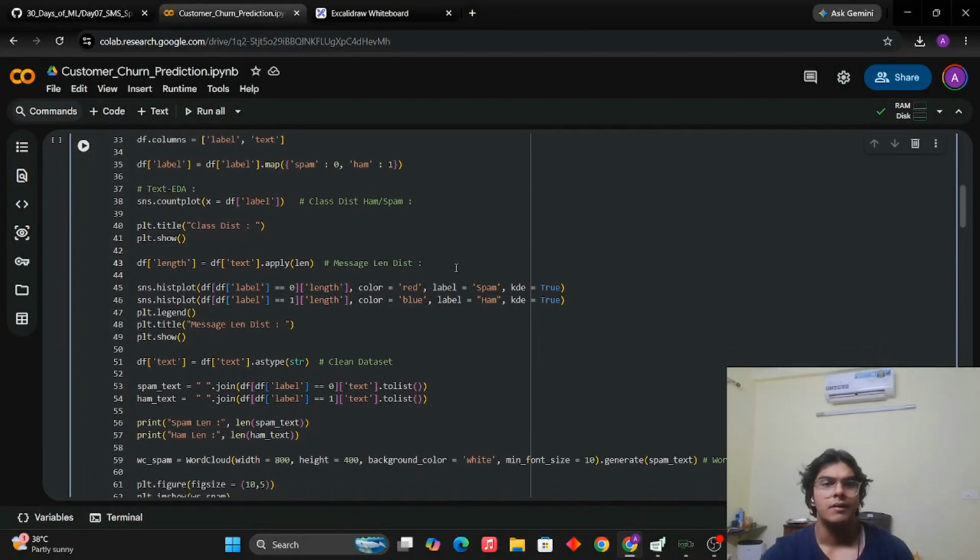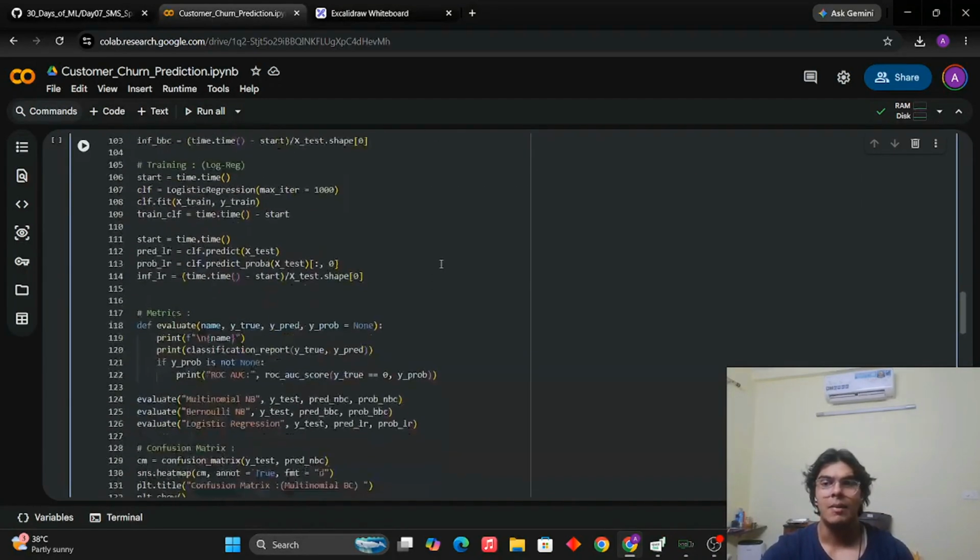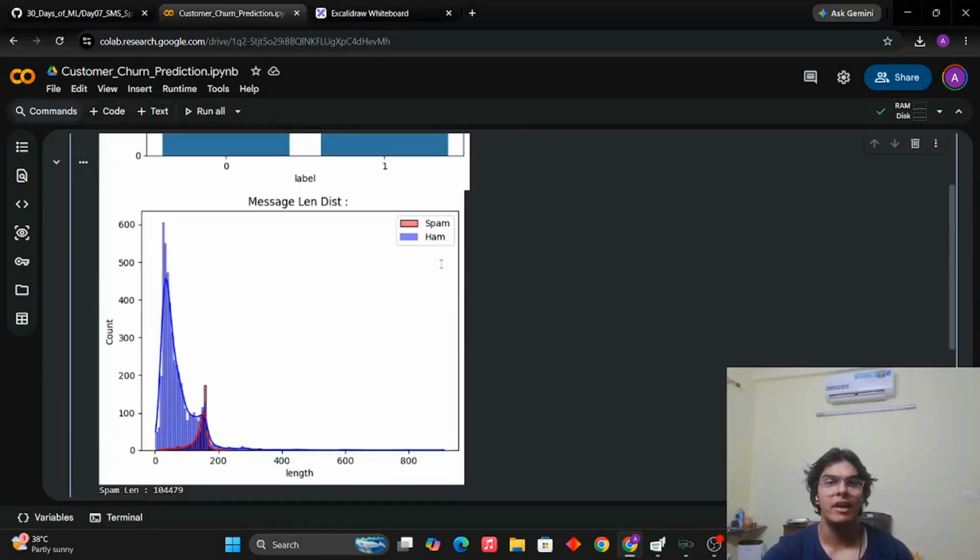Now we move forward, and we also need to calculate the message length distribution. The messages present in the data set are of different lengths, and we are trying to analyze if length can be a true measure in deciding which message is spam and which is ham. This is again a trend-wise thing.